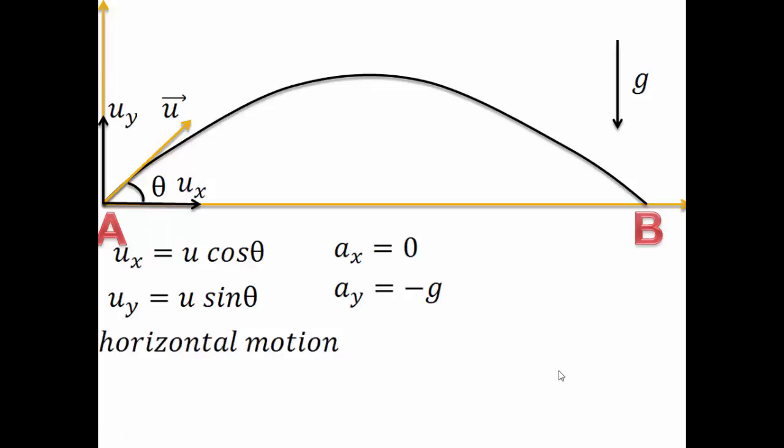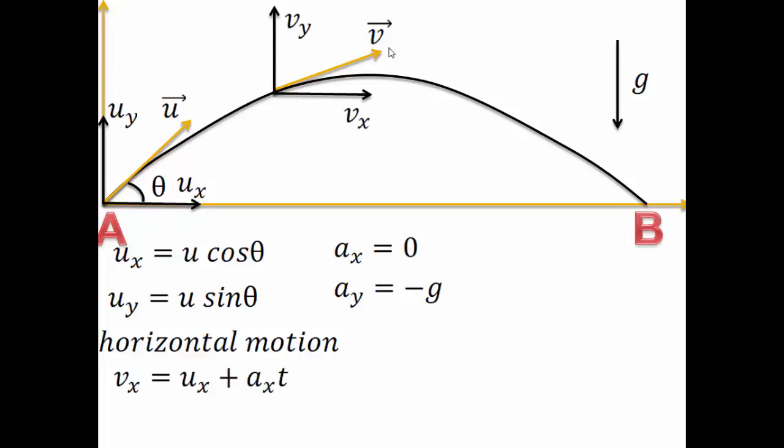Now, for horizontal motion, if the velocity at any given point is v, then it again can be resolved into components vx and vy. Then we will have the first equation of motion, vx equals ux plus at. Since we have already established ux equals u cos theta, and since ax is 0, vx will be nothing but u cos theta.